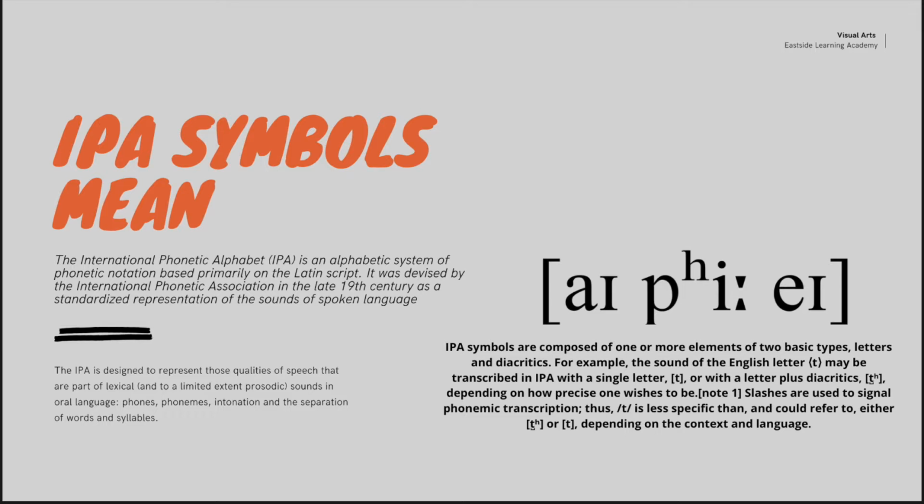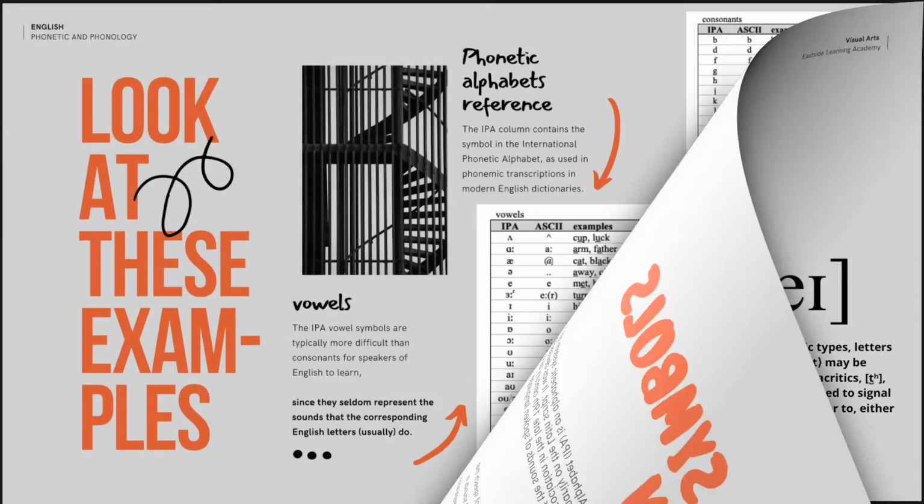Slashes are used to signal phonemic transcription. Thus, T is less specific than and could refer to either th or t depending on the context and language.